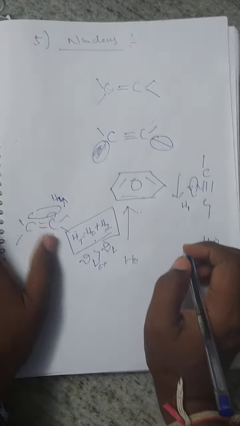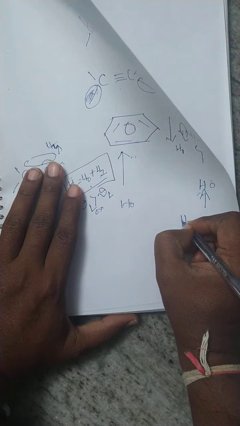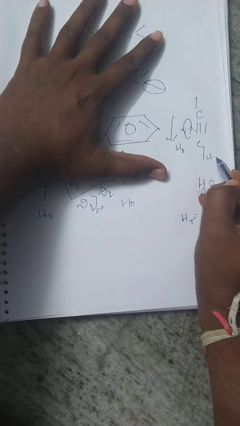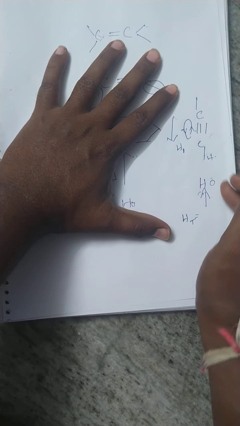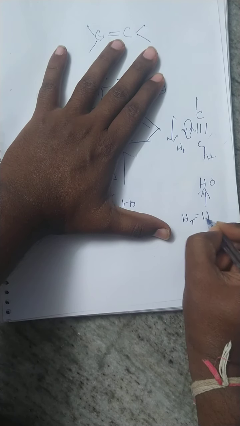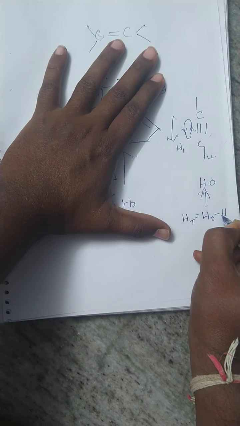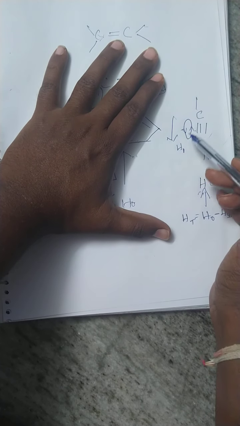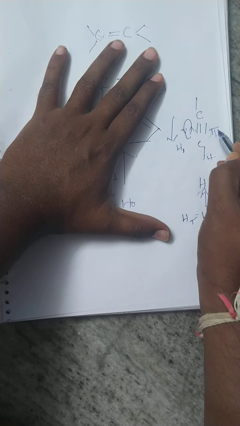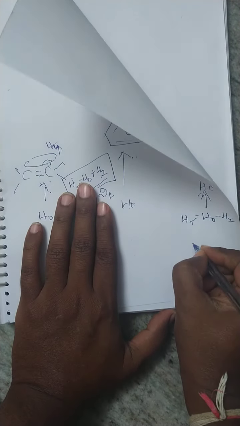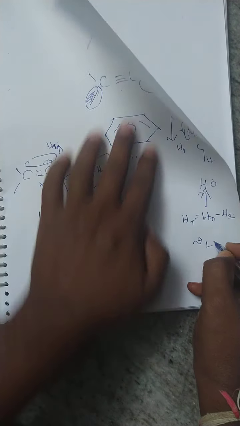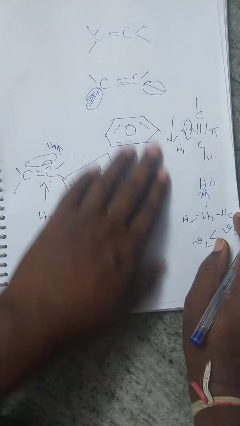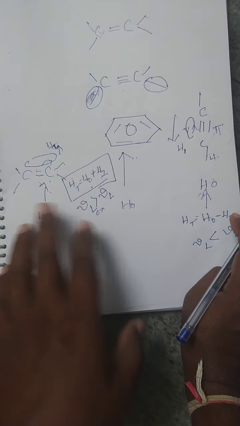Hence the total magnetic force experienced by the protons or the nucleus falling in this area will be equal to the applied magnetic force minus the opposing magnetic force induced due to this pi electron current. So the Larmor frequency will be lesser than expected, right? So these are the cases we have to deal with.